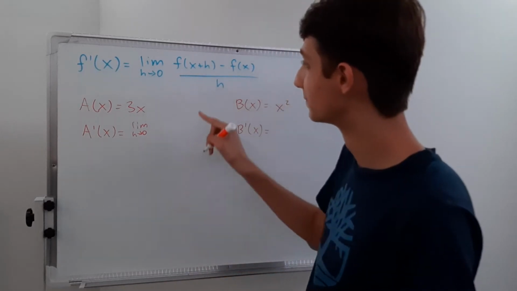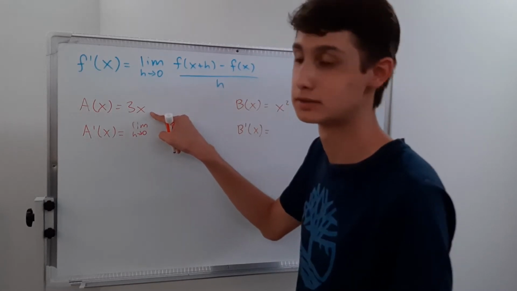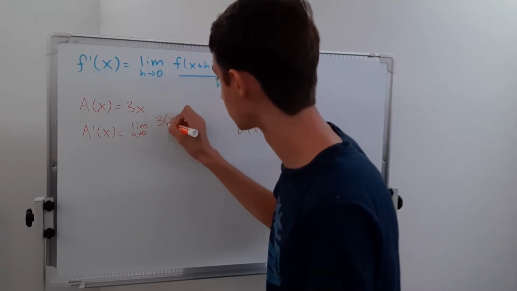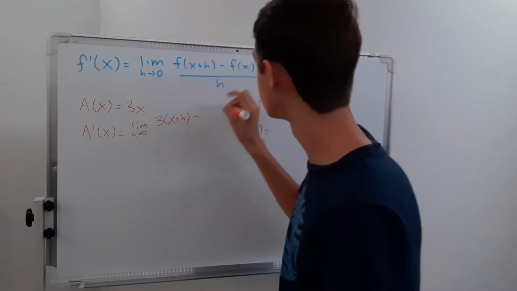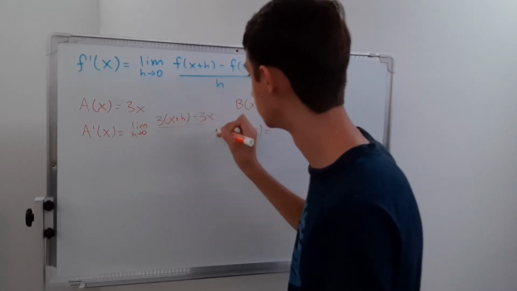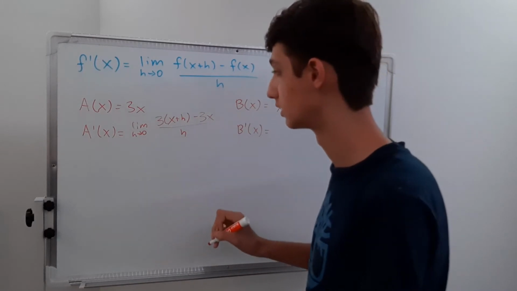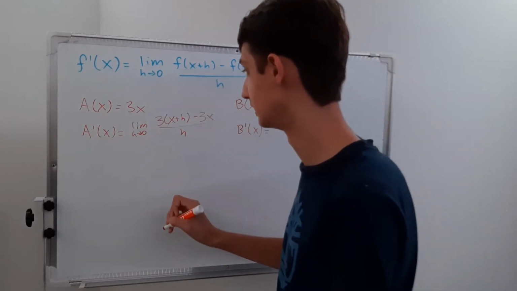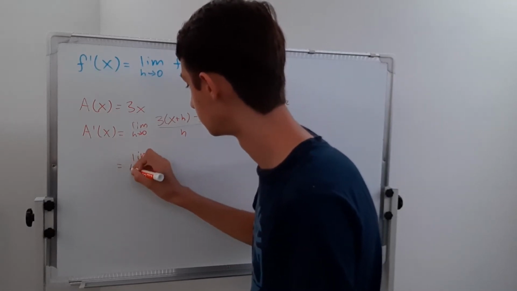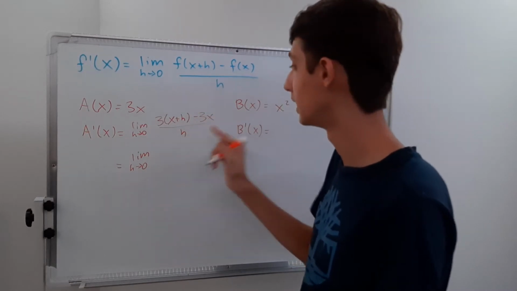So f of x plus h, so this is 3 times x plus h, because that's what we input, so this is going to be 3 times x plus h minus 3x, that's just your f, and then all over h, which is, we don't know what h is, so it doesn't matter, h is going to eventually be 0. So all this is the limit as h approaches 0 of 3x plus 3h minus 3x.